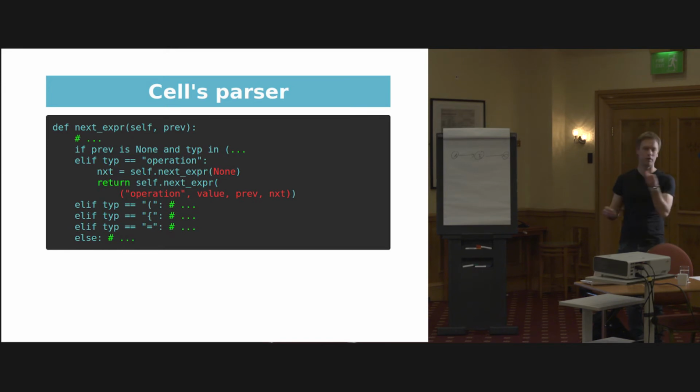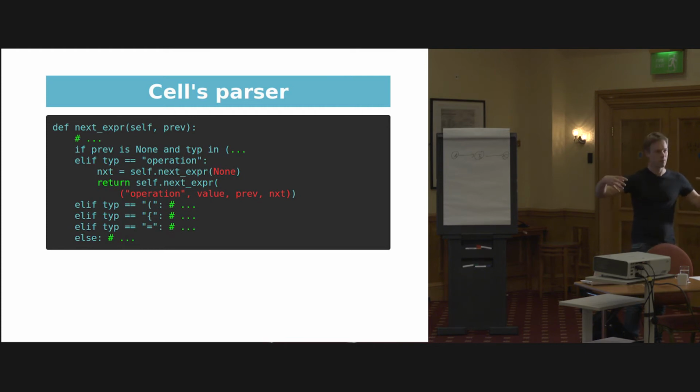So we know the first thing that's being operated on because we've already parsed that, but we need the next thing that we're going to operate on. So hence why we have this variable called next. And what we do is we recursively call nextExpr, passing in none to say, go and get me the other side of the operation.